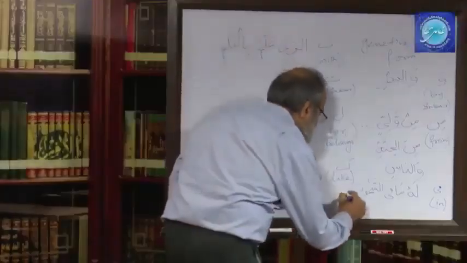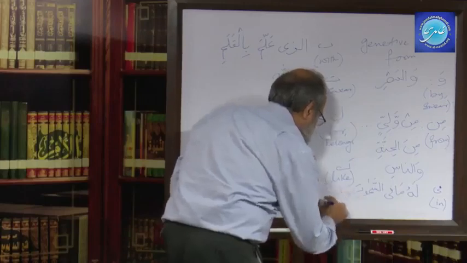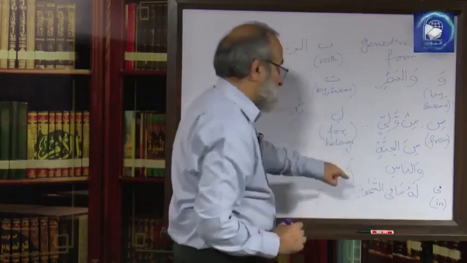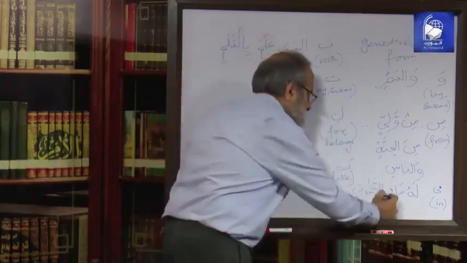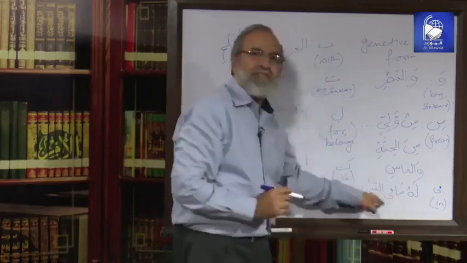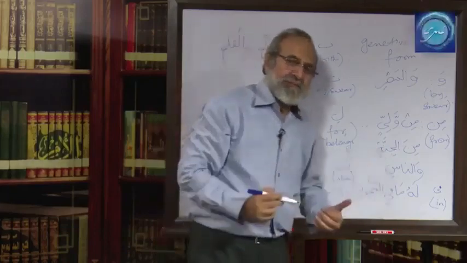Again waw, but the waw of conjunction, "and". So fi, in, as-samawat, in the heavens and in the earth, is giving jar.